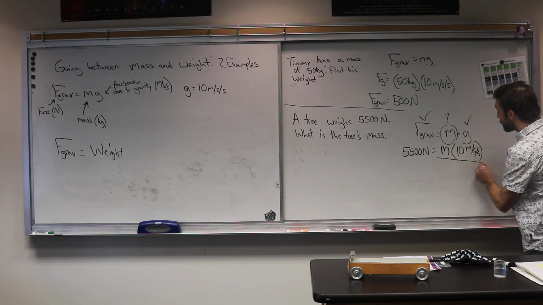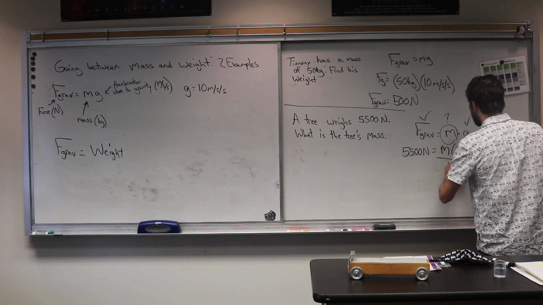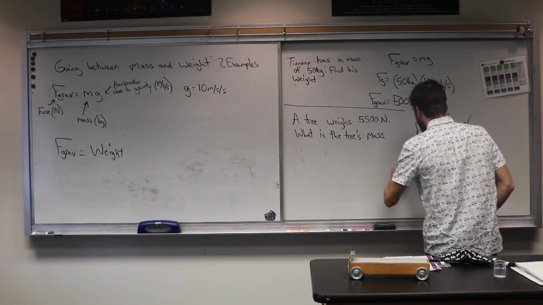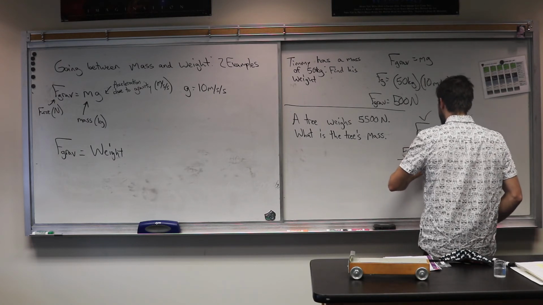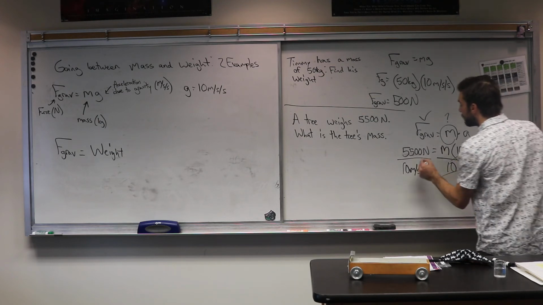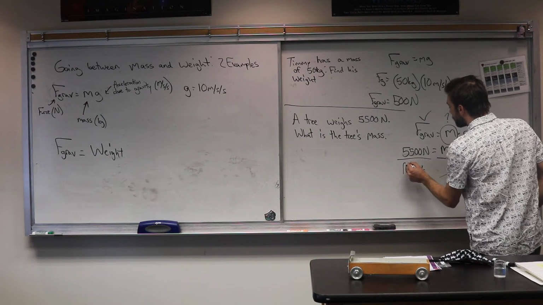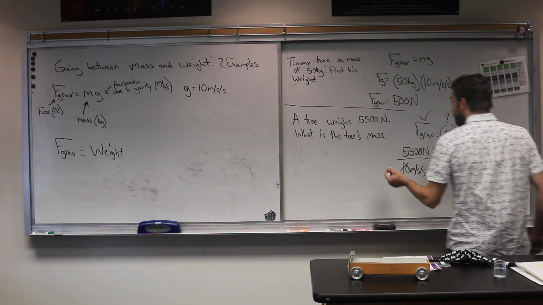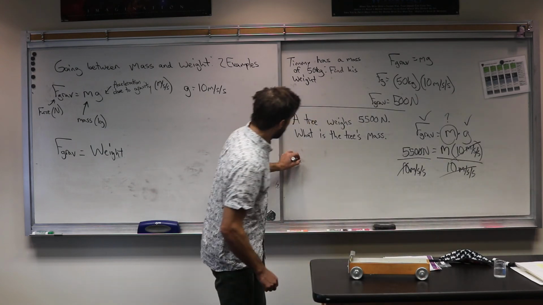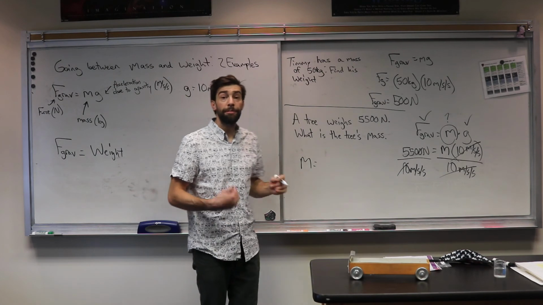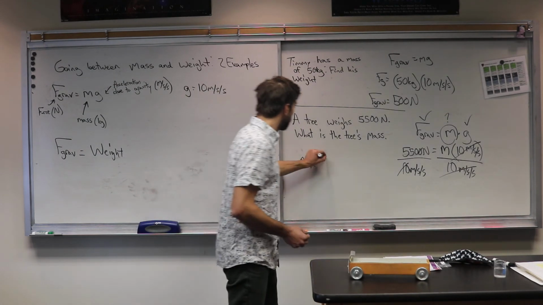Using algebra, we're just going to divide both sides by 10. Those cancel. And so our mass is going to equal 550.